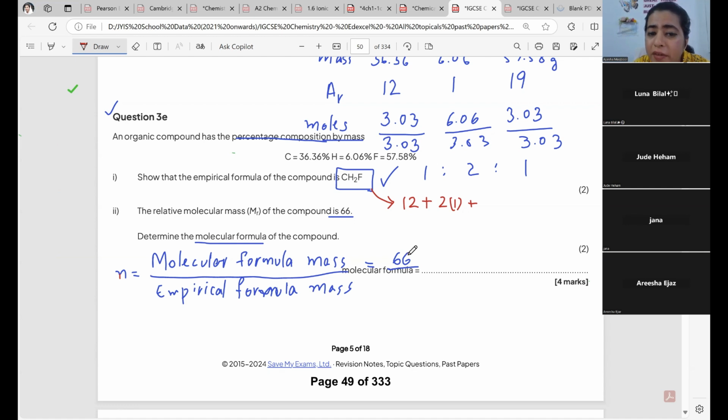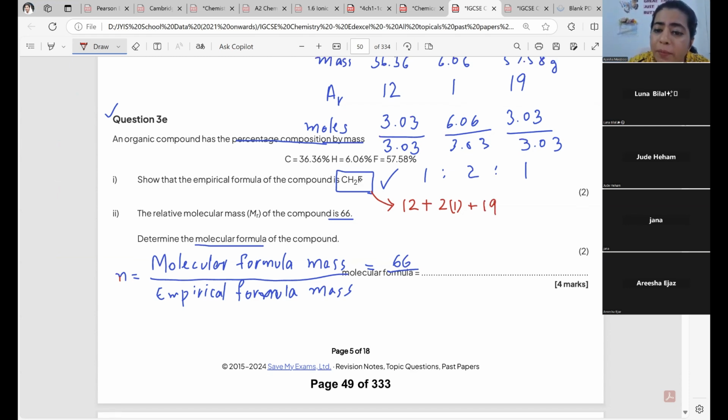So 66 is given to you as the molecular formula mass, MR. Empirical formula mass means check the mass of the empirical formula given to you or that you calculated. CH2F: carbon is 1, 2 are hydrogens, 1 is fluorine, 19. Tell me how much is the total? 12 plus 2 plus 19 is going to be 33.